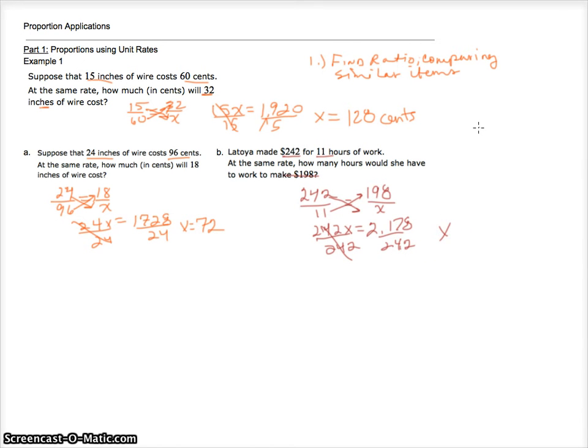X is going to equal 9. She has to work 9 hours to make $198. Okay, so remember to set your ratios up, cross multiply and divide. Go ahead and practice the bottom two problems on your own.